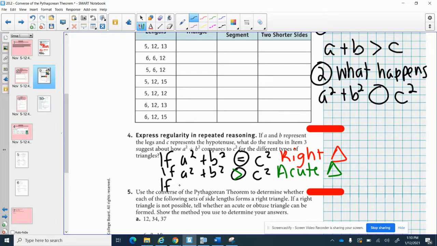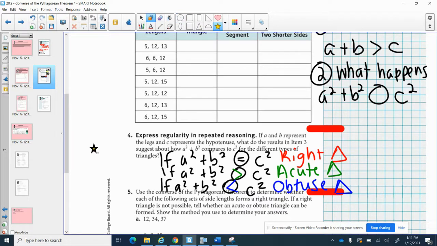And if a squared plus b squared is less than c squared, it's obtuse. Okay. Very important that you have this piece in your notes because it's going to help us decide about our triangles.